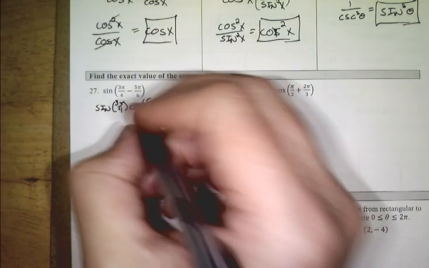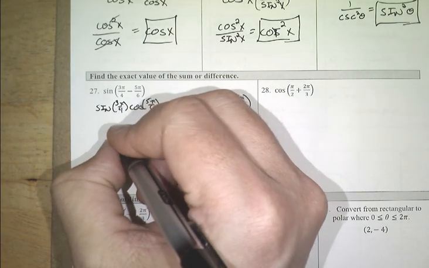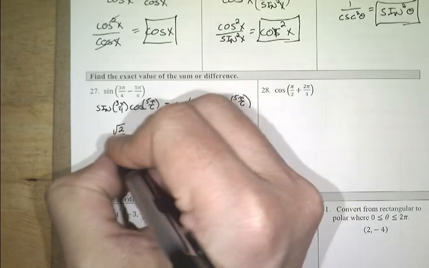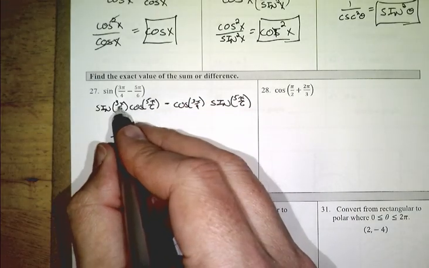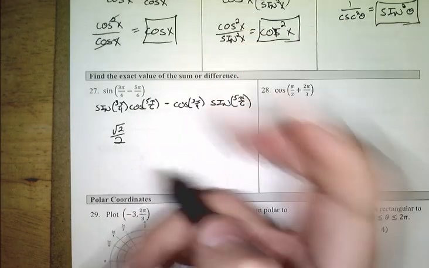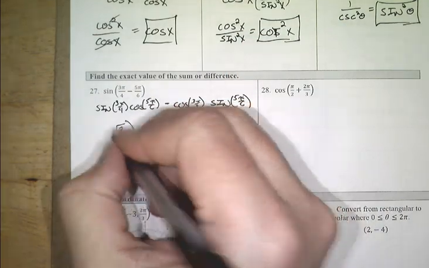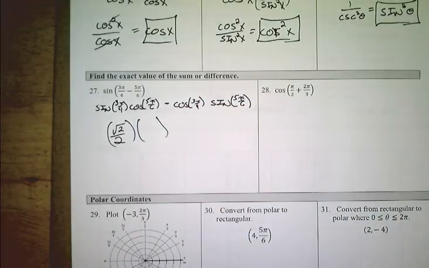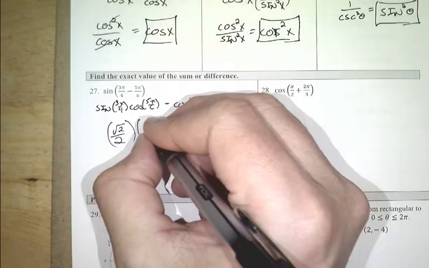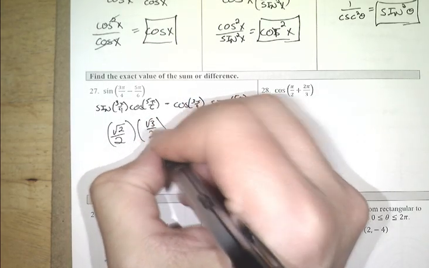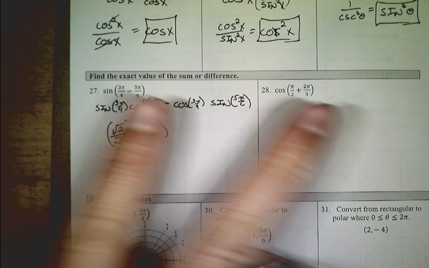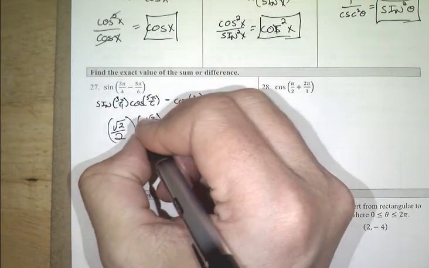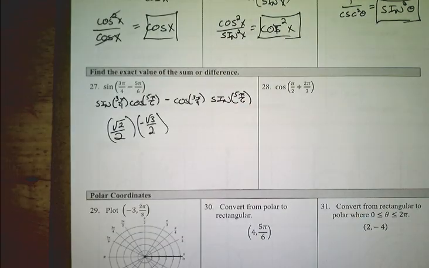Sine of 3 pi over 4: all the over 4s are root 2 over 2. This is in quadrant 2, and sine in quadrant 2 is positive. Cosine: all the over 6s for cosine are square root of 3 over 2. 5 pi over 6 is in quadrant 2, so cosine is negative there.